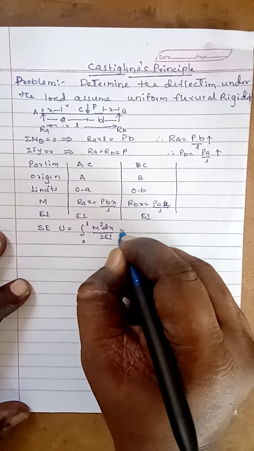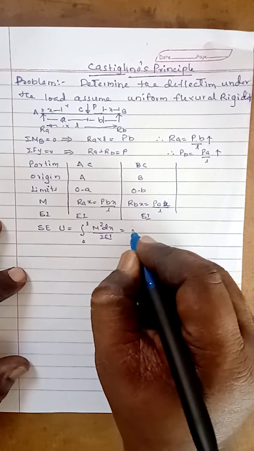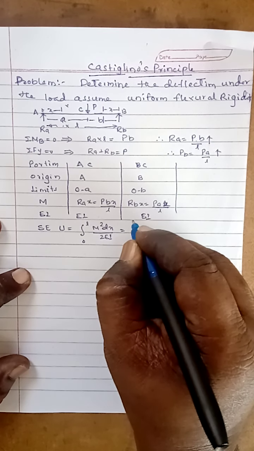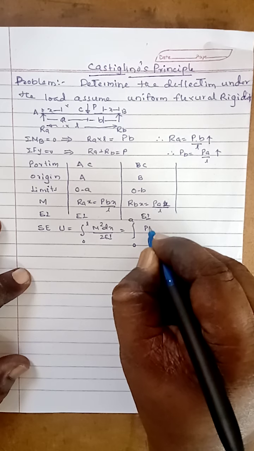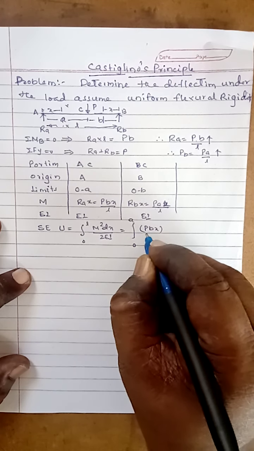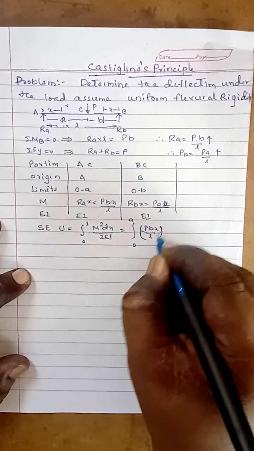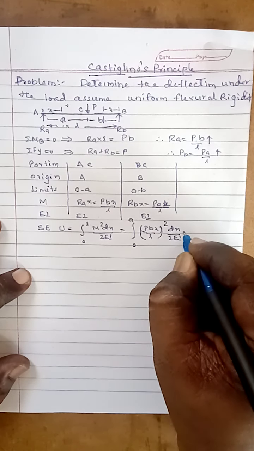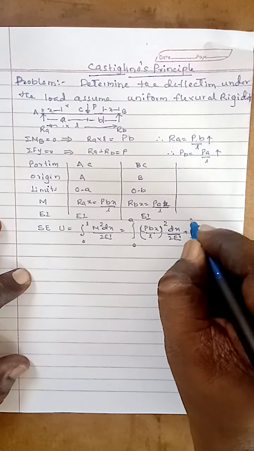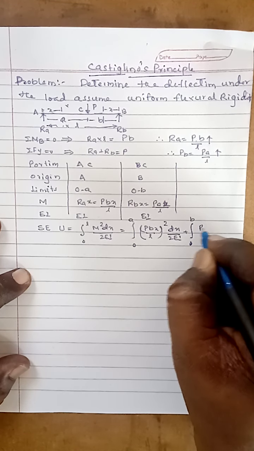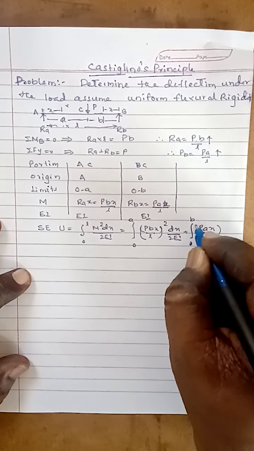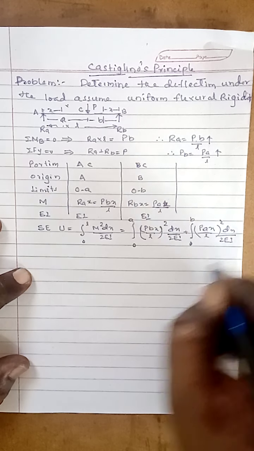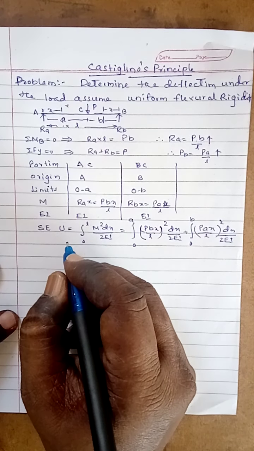In the first portion, from 0 to A, the bending moment is PBX by L, whole square dx divided by 2EI. This is for the first portion. Similarly, for the second portion, the limits are 0 to B. The bending moment is PAX by L, whole square dx divided by 2EI. Now we have got the total strain energy.